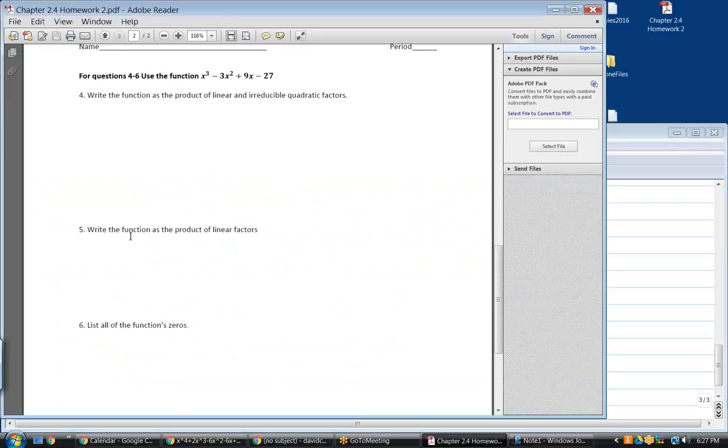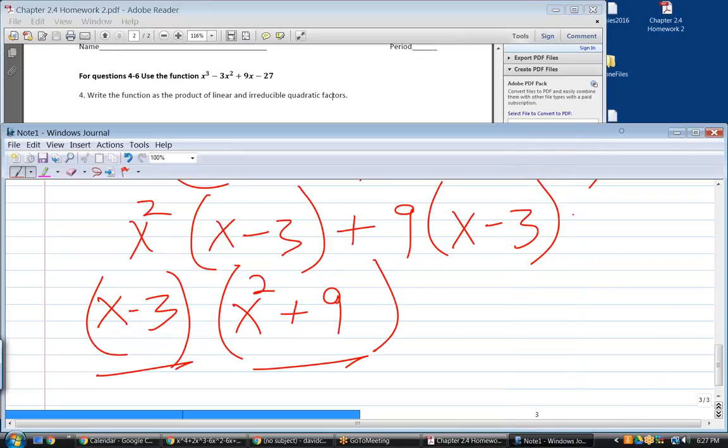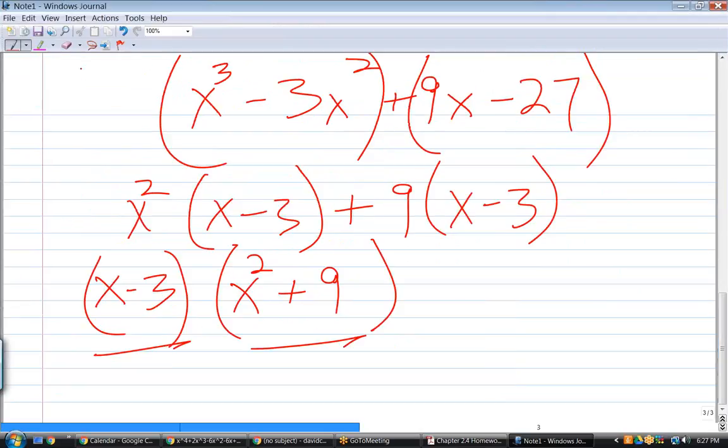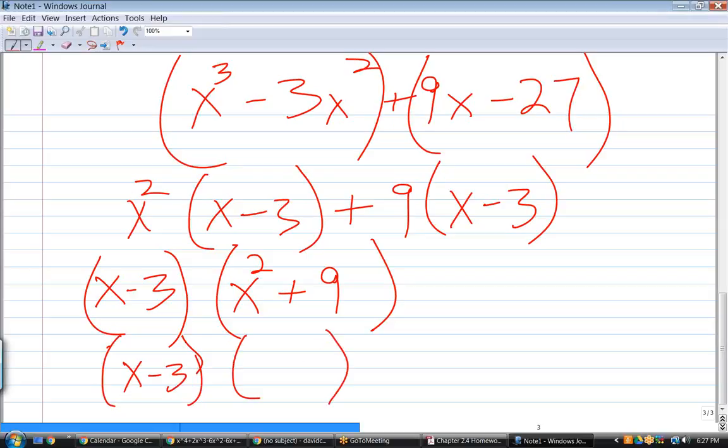Now, to answer, write the function as the product of the linear factors means they want you to break it all the way down. In other words, not just to an irreducible quadratic, but to the linear factors that make up that irreducible quadratic. What are they? Not x plus 3i.